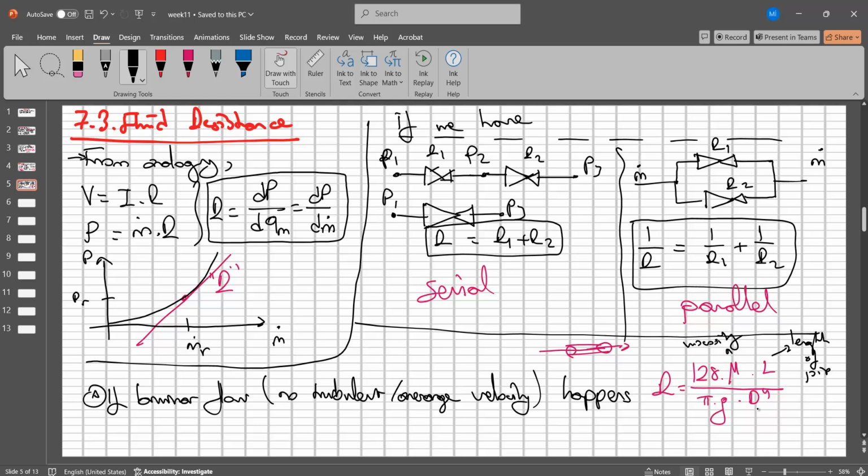And also d is the diameter of the pipe, and rho is the fluid density. And this is the basic formula for our resistance calculation. It is the approach to define this laminar flow. Okay?